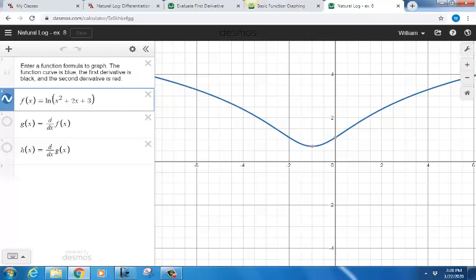Now, how do you tell from calculus what determines if a curve is increasing? What has to happen for the curve to be increasing? How do you check that in calculus? Someone said it.